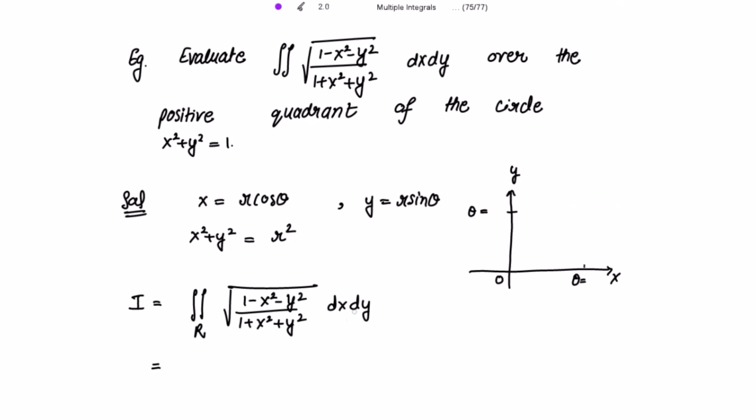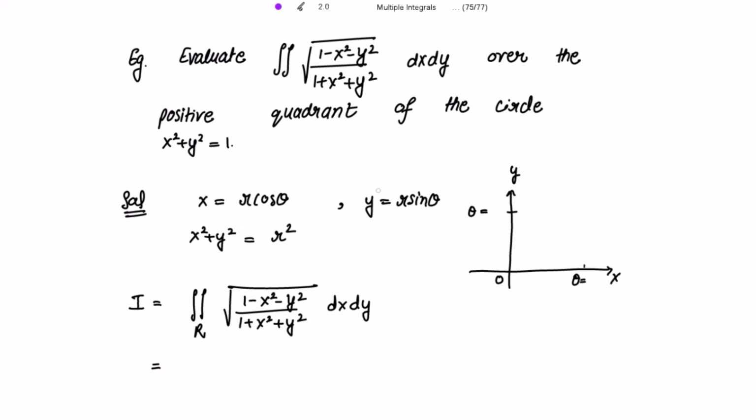So this double integral is given to us. We need to change the variables now. If this is your x-axis, this is your y-axis, and we know that the region of integration R is the circle x square plus y square equal to 1.